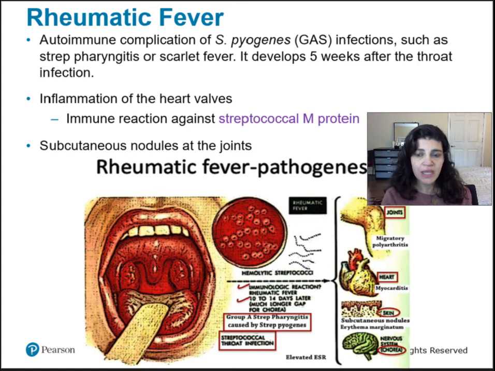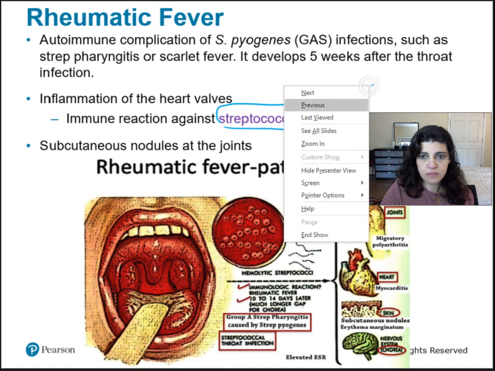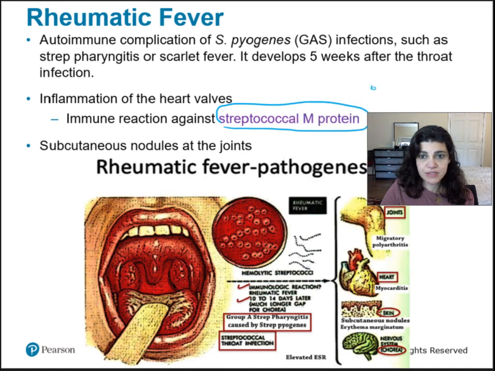So why? Remember, Streptococcus has M protein. So the streptococcal M protein, you start to have an immune reaction to that. And then you have, let's say this is the M protein. That's the M protein. And then you start to make antibodies against them. So everywhere you have M protein, you make antibodies against them, right? And this is what we call immune complexes, right?